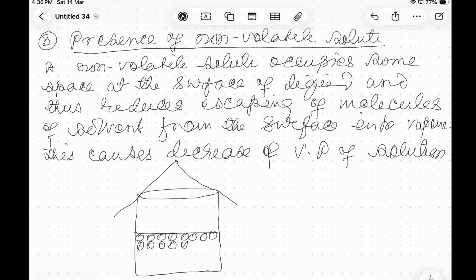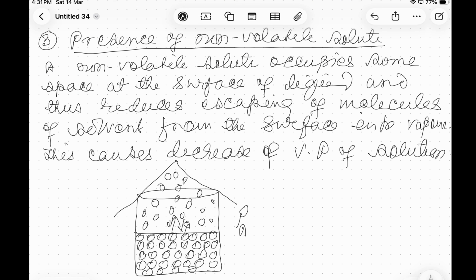There is no impurity in it, no hurdle or any particle which can resist the escaping of molecules. As a result, molecules can easily escape from the surface of liquid. And finally, in equilibrium state at constant temperature, the vapor pressure, whatever it will be, is the vapor pressure of liquid. Suppose the vapor pressure is Pa naught.